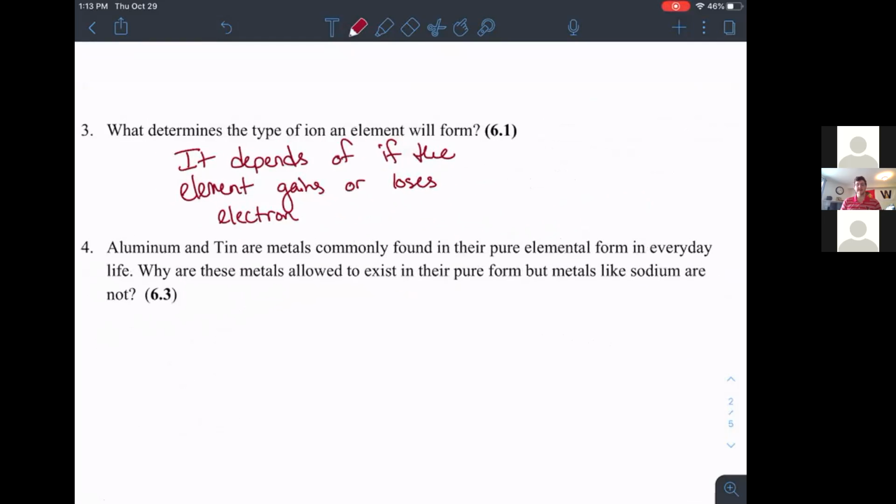Then last but not least, aluminum and tin are metals commonly found in their pure elemental form in everyday life. Why are these metals allowed to exist in their pure form, but metals like sodium are not?